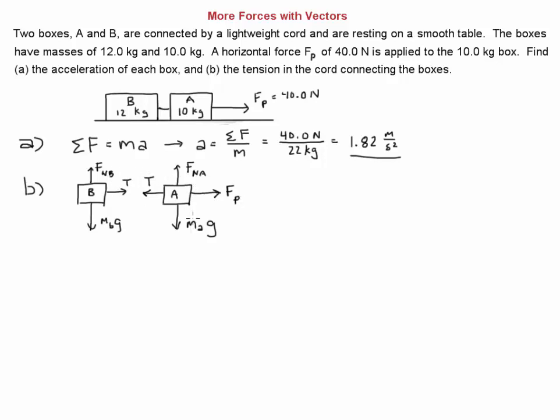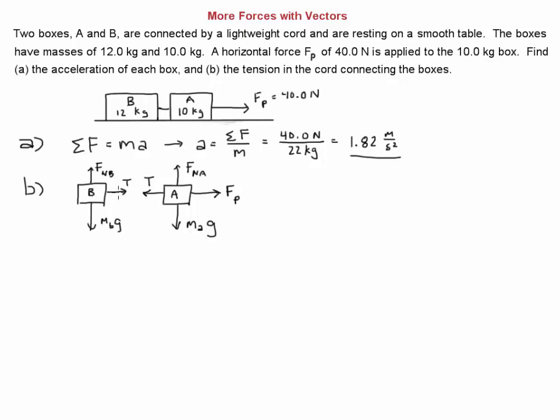Tension shows up in both of these free body diagrams. I can use either of them to solve for tension. My experience tells me that this one looks a little less complicated. And because of that, I think I'd like to use this one. Now, I've drawn in the forces for what's going on vertically as well as what's going on horizontally.